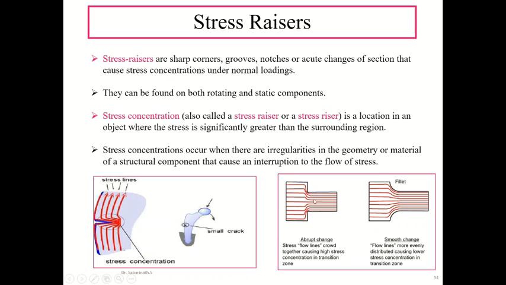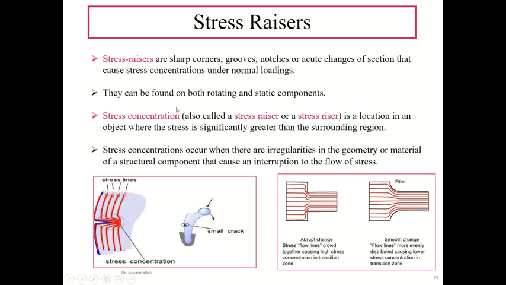When the section transitions from one zone to another, due to the abrupt change in the stress flow lines, the stress concentration will be higher, and the material will have a high concentration of stress over here. If the transition is smooth, we will have a lower stress concentration.